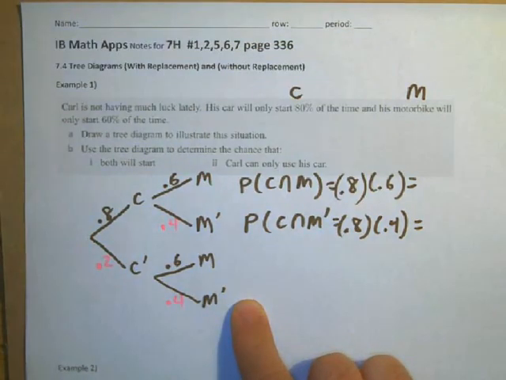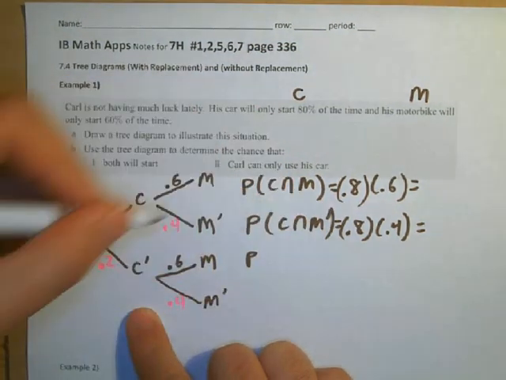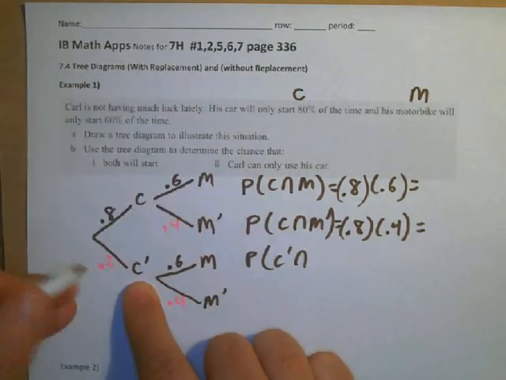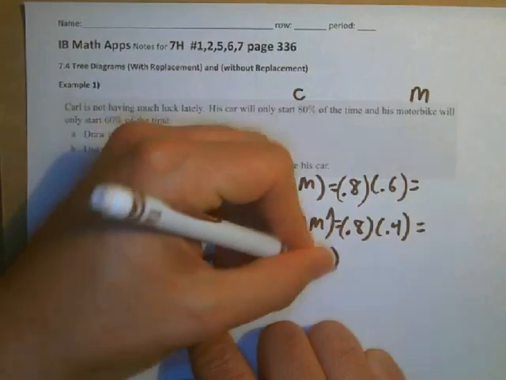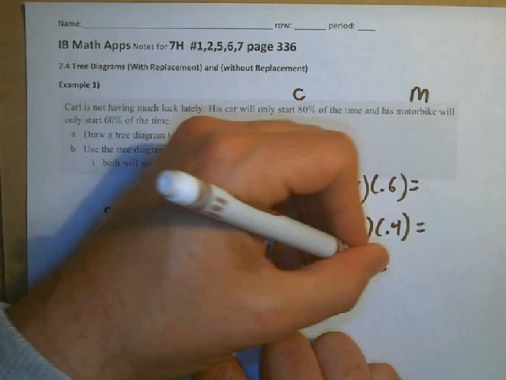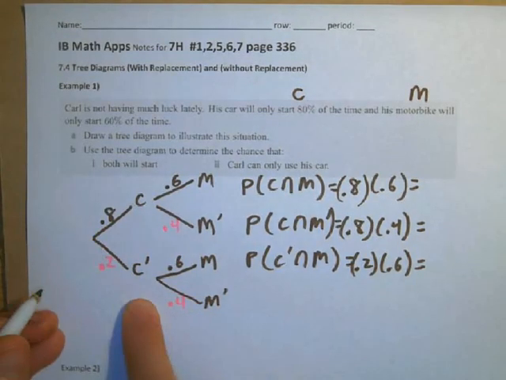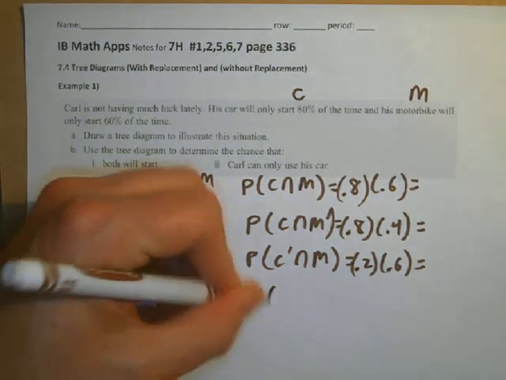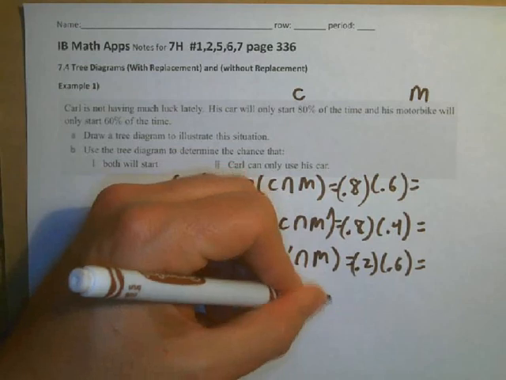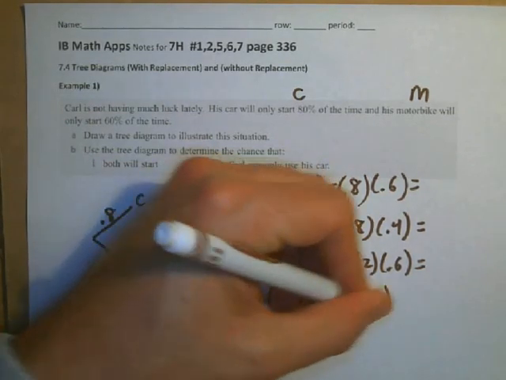I could go this route here, the probability that the car doesn't start, but the motorcycle does. That's 0.2 times 0.6, and then the probability that neither of them start, the probability that the car doesn't start, and the probability that the motorcycle doesn't start. That's 0.2 times 0.4.